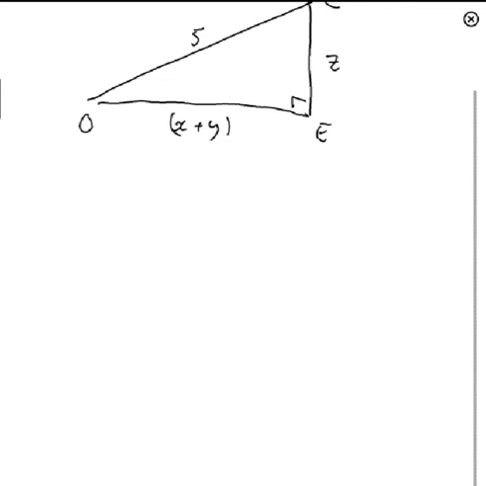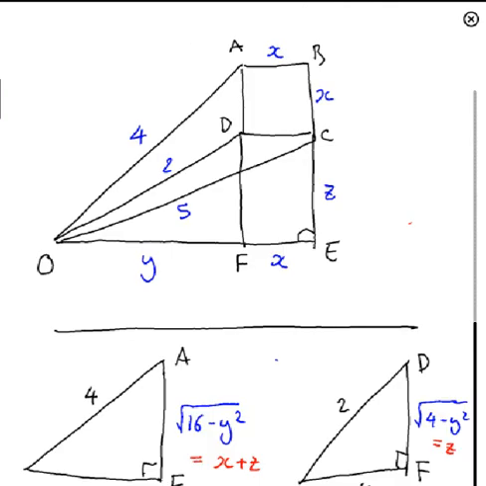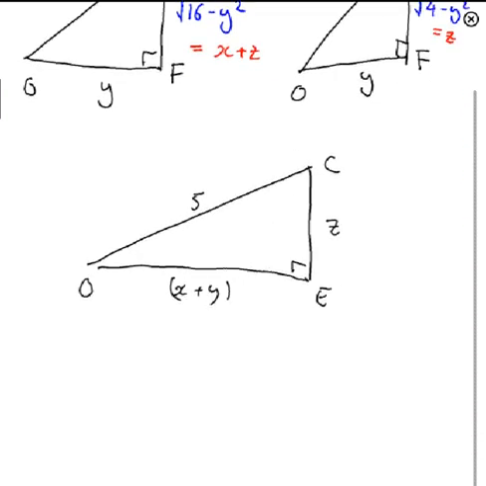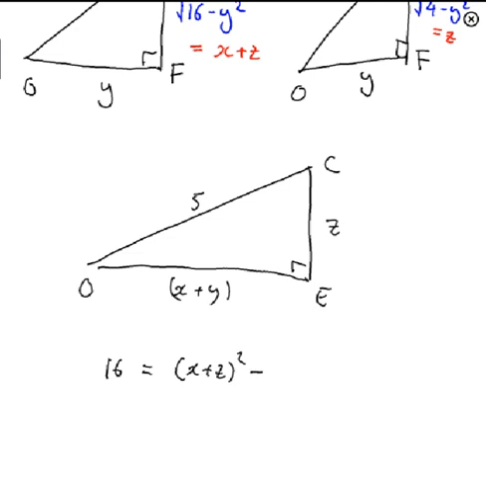So here are our 3 triangles. They're giving us 3 equations. We know that 16 is equal to x plus z squared plus y squared.